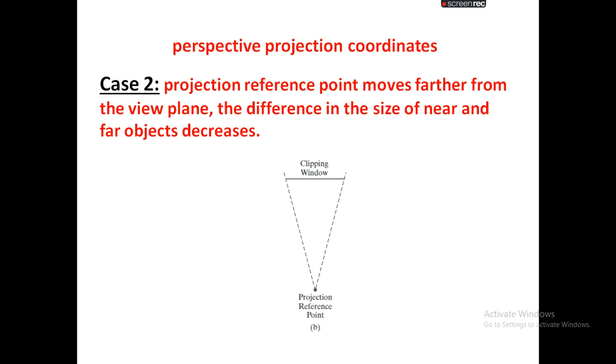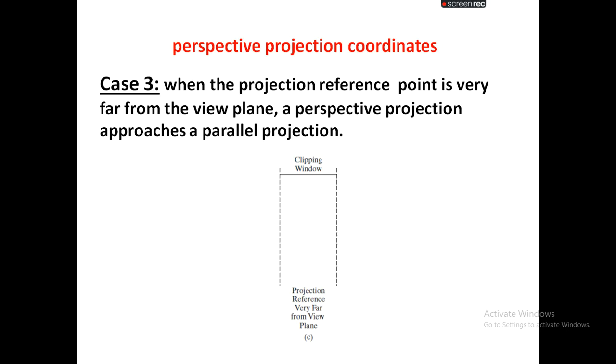If I place the same object away from the eye, the size of the object is the same, but it looks very small to our eye. Means distance creates the difference in the size of the object displayed on the screen of the monitor or on the view plane like this.